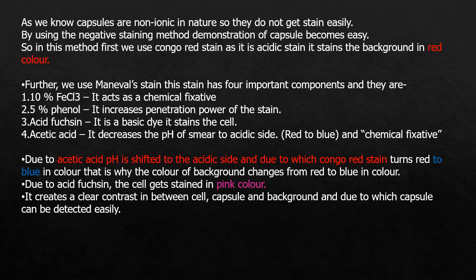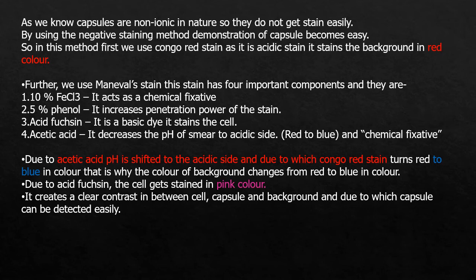Now you have learned that we use Congo red in our staining procedure, but still our vegetative cells are pink in color and the background is bluish, right? So something should be red, correct? That is not the case. Why? Let's see the principle behind that.